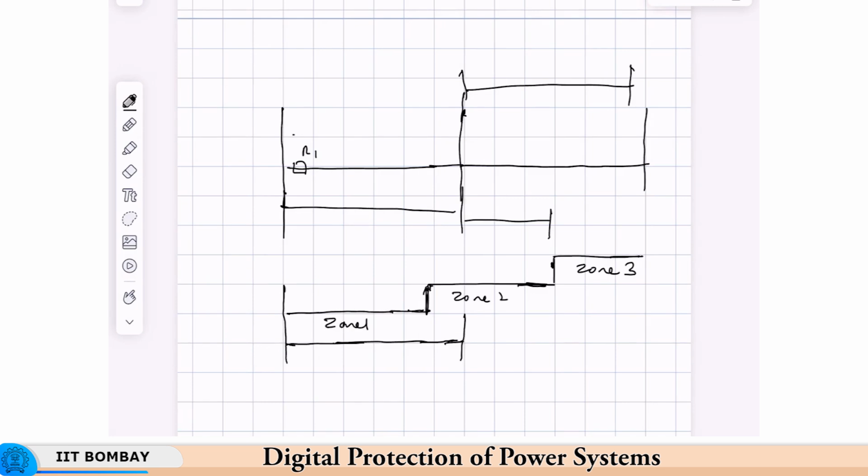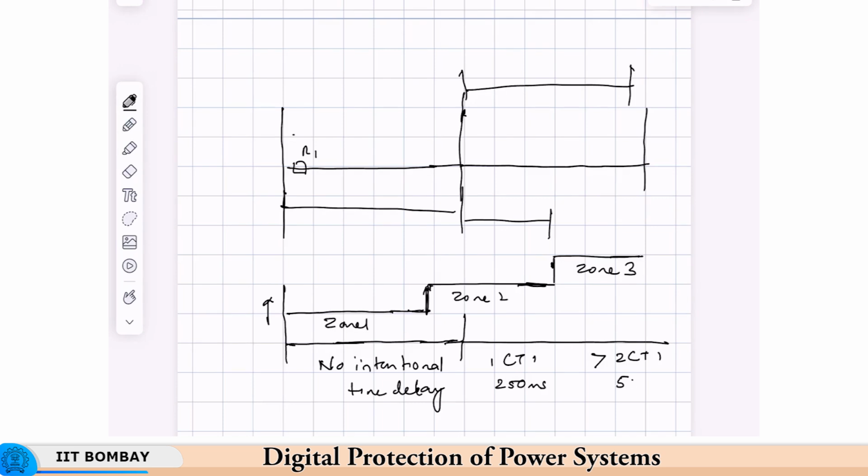These steps are in terms of the time. This axis is in terms of the distance, this axis is in terms of time. In zone 1 there is no intentional time delay. Zone 2 is usually 1 CTI, so 250 milliseconds, 1 coordination time interval, and zone 3 is anything greater than 2 CTI.